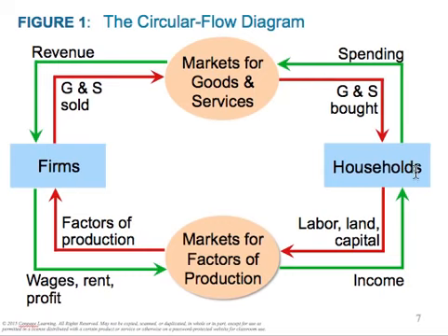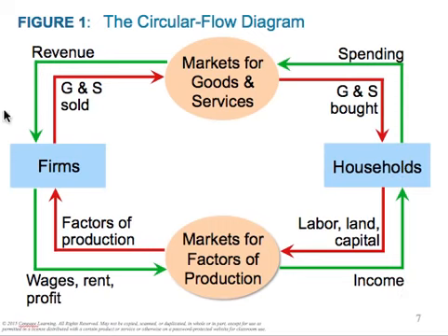Now, going in reverse here, households spend their money in the markets for goods and services, which provides revenues for the firms, which the firms then use portions of those revenues for profit, of course, but also wages and rent to obtain market factors of production, which go to households as income.